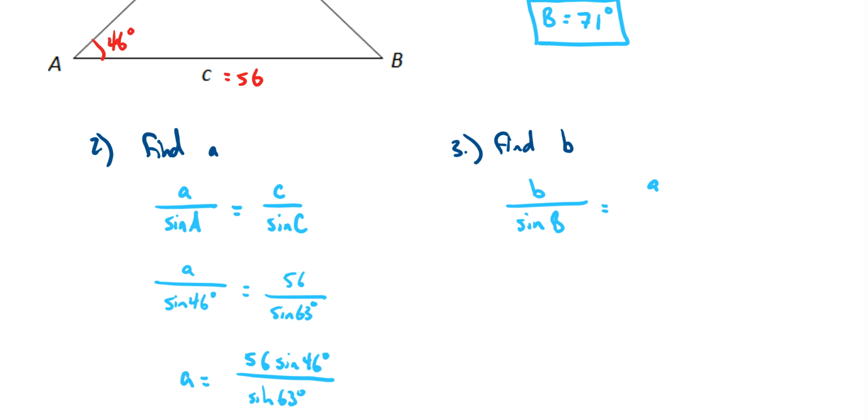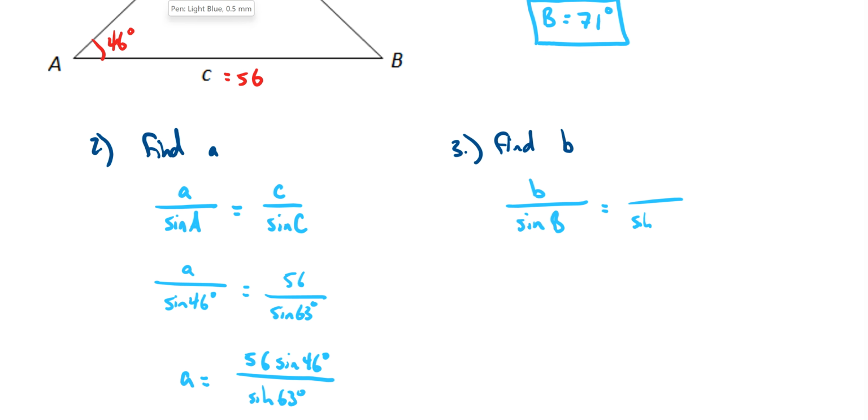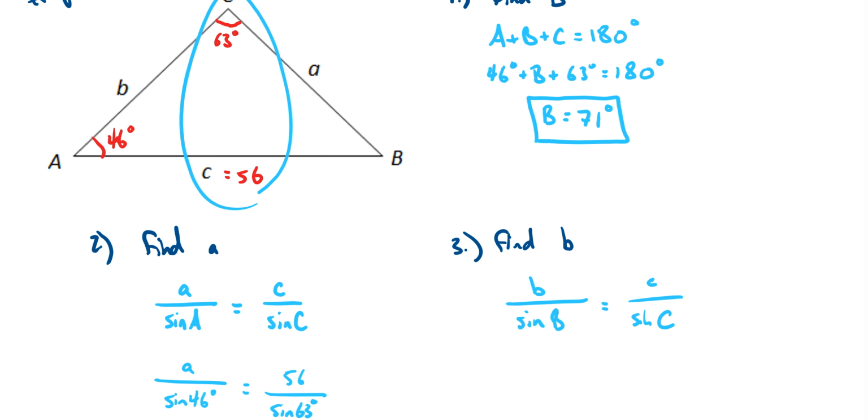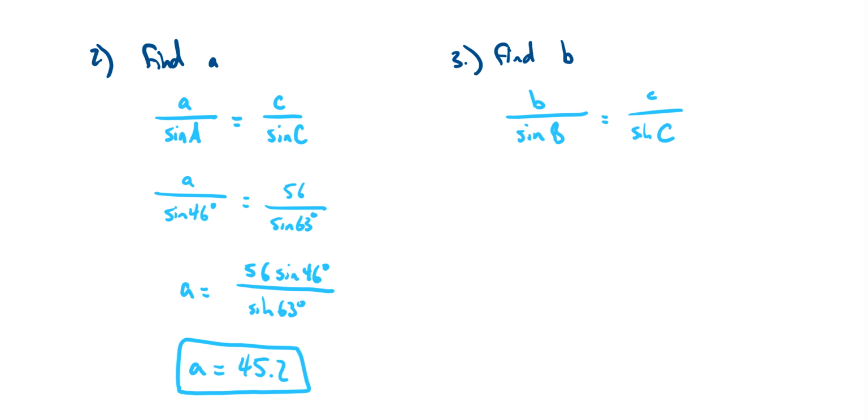So if you want to use A over sine of A, you can, because we now have little a and big A. Or what I'm going to do, and what I recommend, if you have the choice to use the values that are given to you, just use those values, because then you're not usually working with decimals. And if you messed up finding little a, then that mistake will not carry over for finding little b.